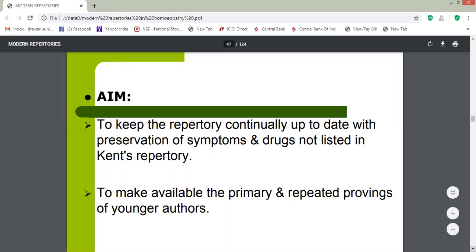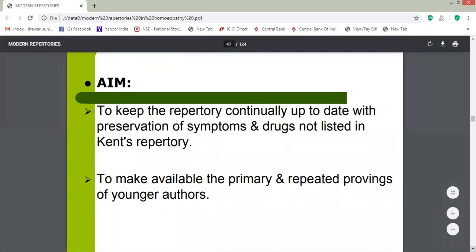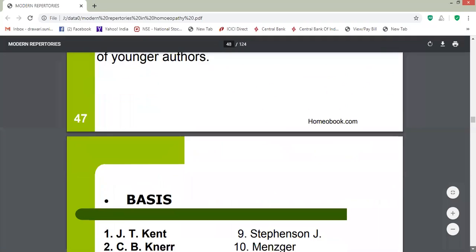The medicines which were proved after the publication of Kent's repertory should also be included.